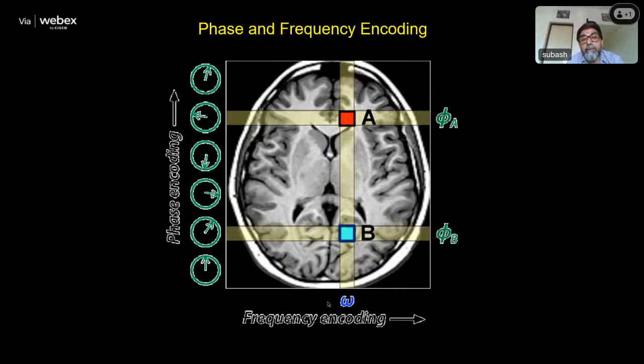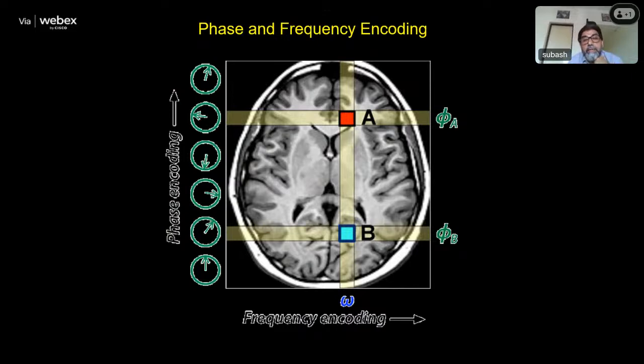Similarly, on this vertical column, all pixels will have the same frequency but different phases. And similarly, on this horizontal row, they will all have the same phase, but different frequency. So all the pixels in this image have been distinguished as far as their frequency and phase are concerned.